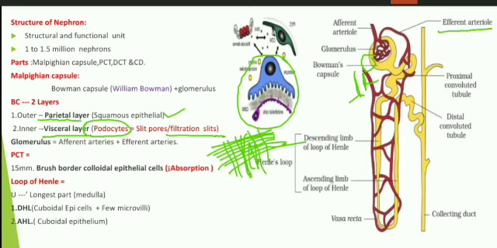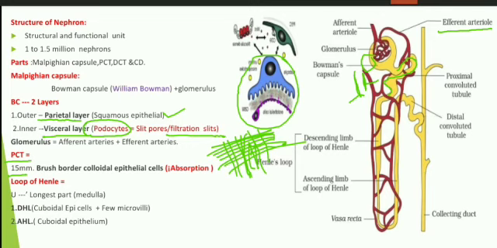And this Bowman capsule leads to a further highly coiled structure, the proximal convoluted tubule. This proximal convoluted tubule is represented as PCT, and it measures about 15 millimeters.